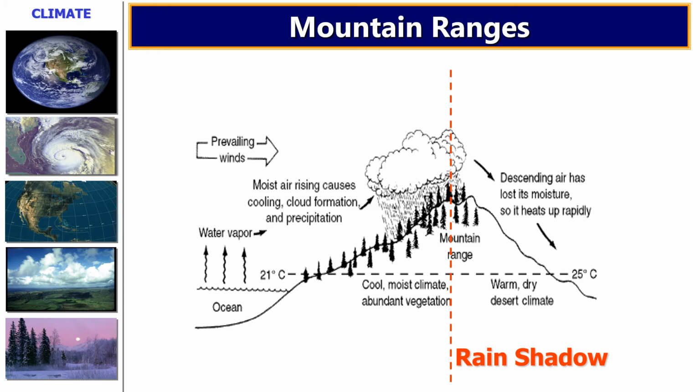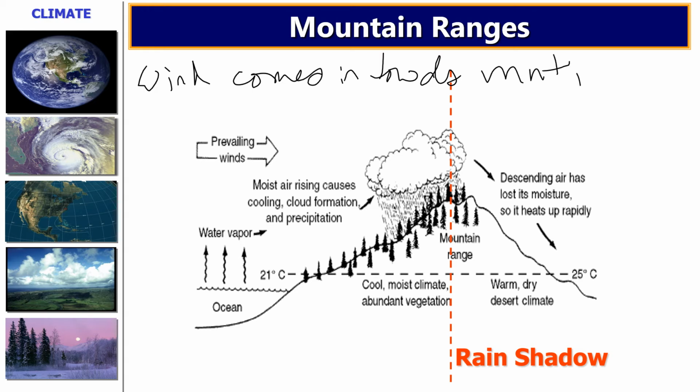So what we're going to write down for the orographic effect is that our wind comes in towards the mountain. It rises, expands, cools, and rains.